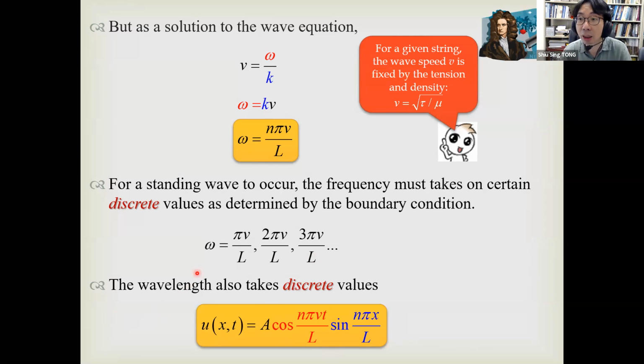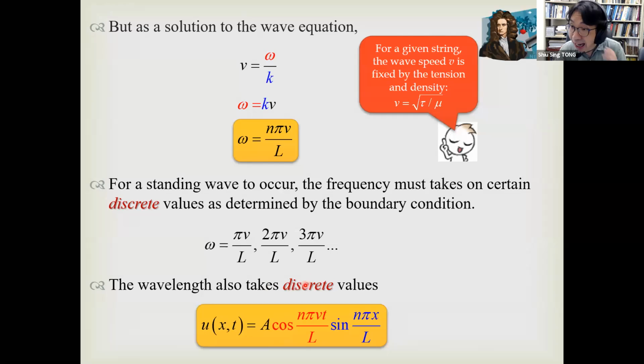If you excite the string with other frequencies, then there will be a rather chaotic wave pattern vibrating on the string, but you cannot see the standing wave pattern. If you want to set up the standing wave pattern, you always have to apply these frequencies to vibrate the string. So this is the principle.